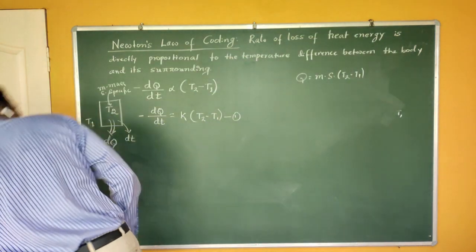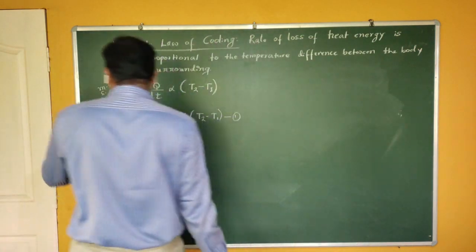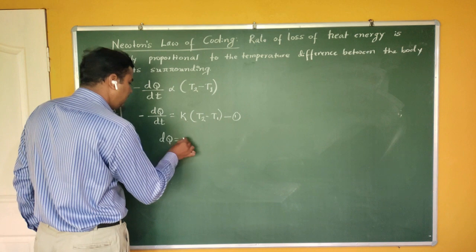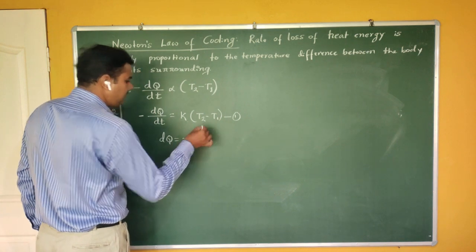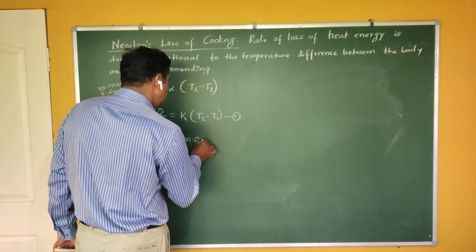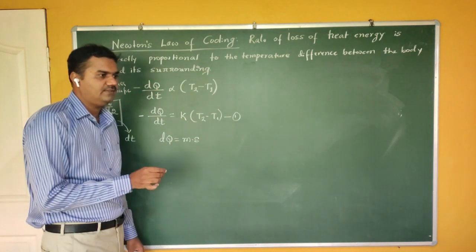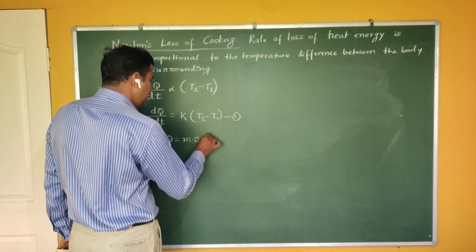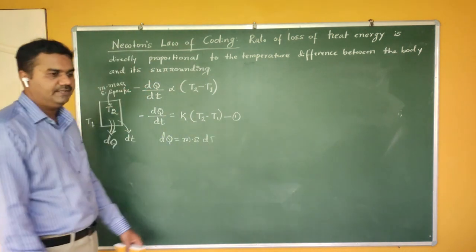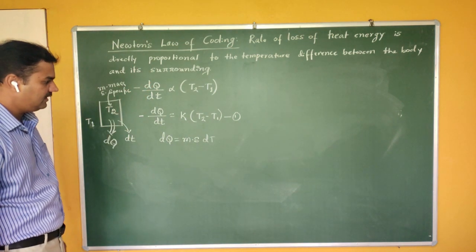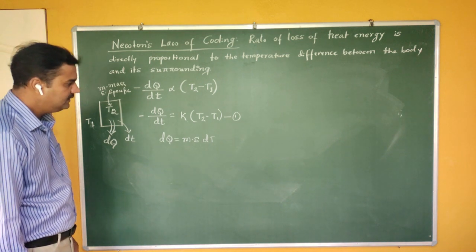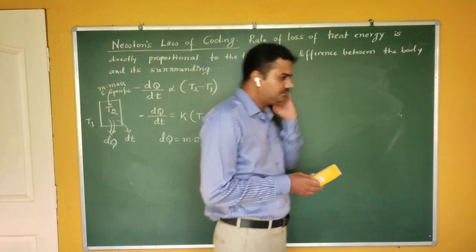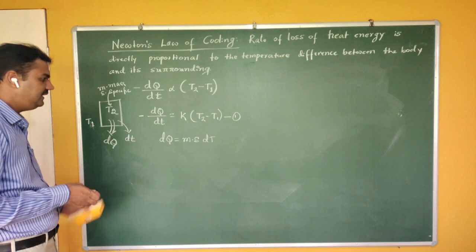So if Q is the amount of heat energy and dq is the amount of heat energy moving out from the body, m is the mass of the body, and S is the specific heat of the substance, and dT is the change of temperature, then I can write dq is equal to m into s into dT. Are you getting me? So m into s into dT, like that.